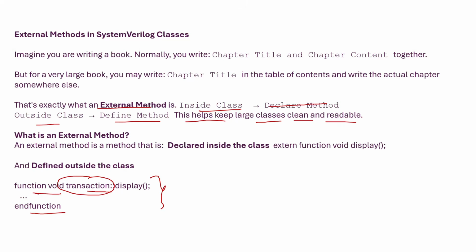Sorry, display is the method name. That method I can declare inside my class as extern function void display. Clear? Extern function void display is the method declaration, and the implementation will be outside the class.